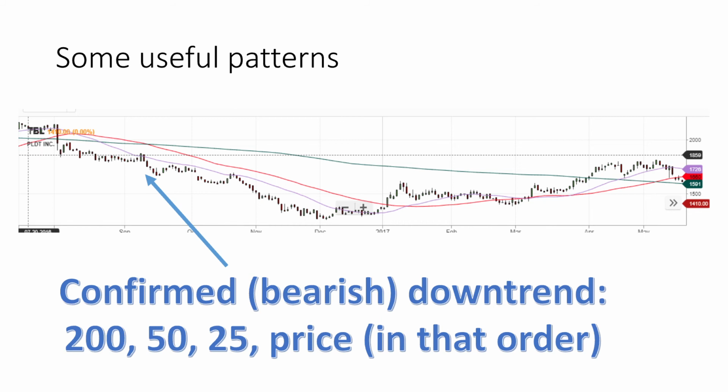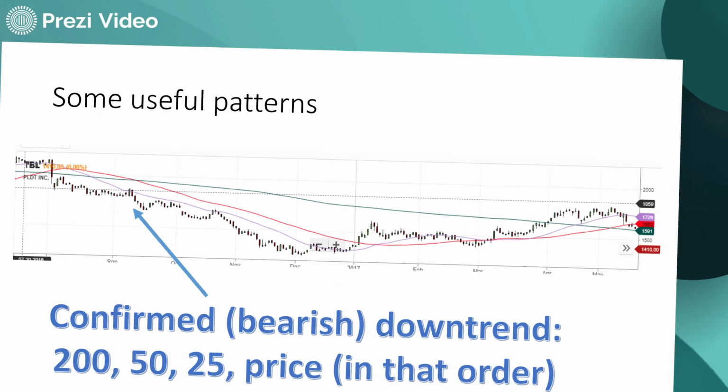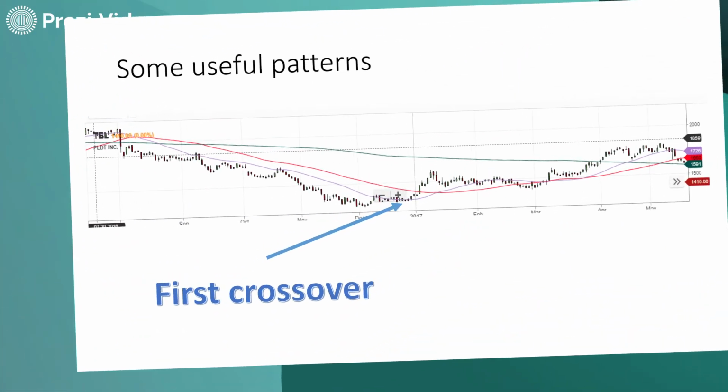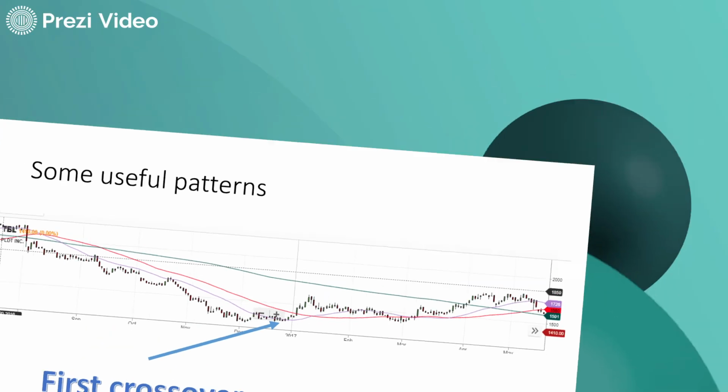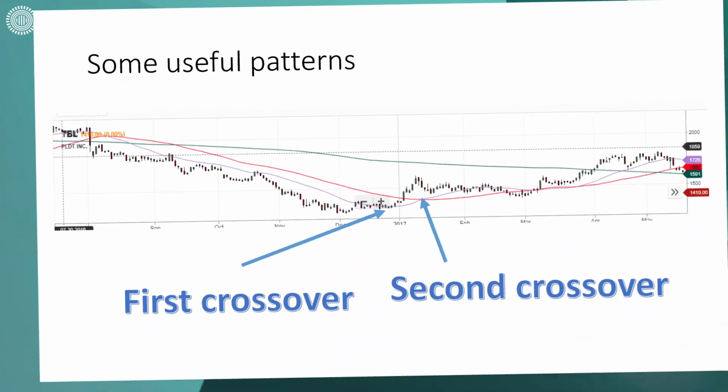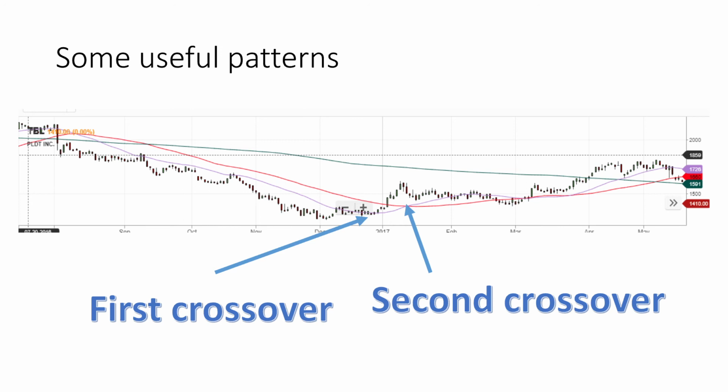Somewhere in December, papuntang January, mapapansin niyo yung price is starting to move up and it crosses over the 25 days. So, yun yung mga tinitingnan nyo dyan, no? So, unusual patterns. So, there's going to happen the first crossover when the price moves above the 25-day, and then the second crossover when the 25-day moves above the 50-day, usually kasi hindi ka agad gumagalaw yun.